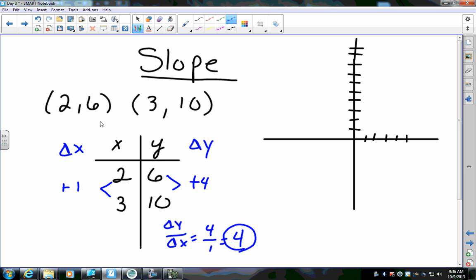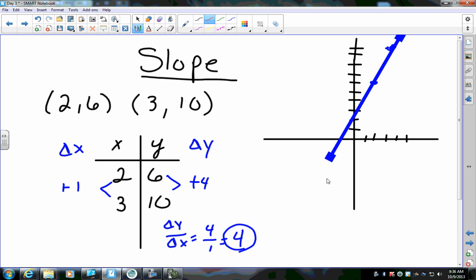So we've talked about when we have points on a graph. 2, 6, going over to 2 and up to 6. 1, 2, 3, 4, 5, 6. And 3, 10. Then we have our line.